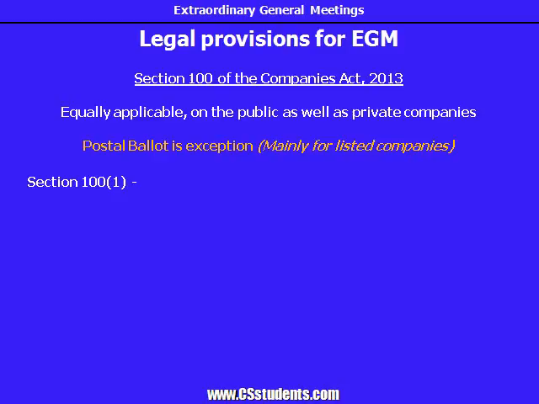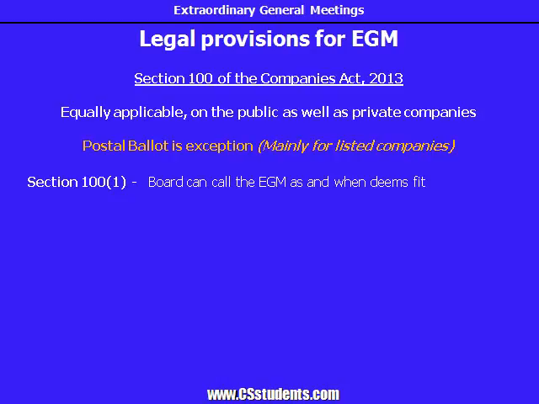Subsection 1 says that the board of directors can call the extraordinary general meeting as and when deems fit. So, if shareholders' approval is required for any particular transaction, the board shall call the extraordinary general meeting.